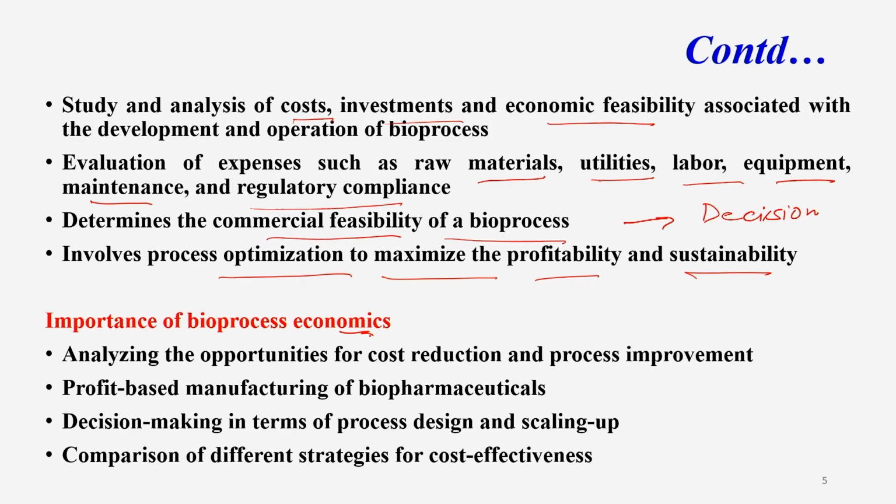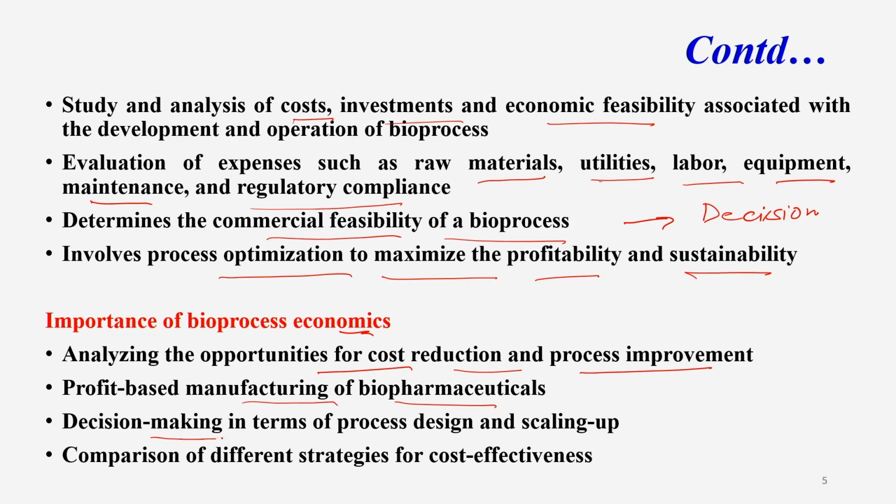Now we can understand the importance of this topic. First, it analyzes opportunities for cost reduction and process improvement, because if it is not feasible, you have to rework with a different strategy to reduce the cost or improve the process. Then, profit-based manufacturing for biopharmaceuticals.